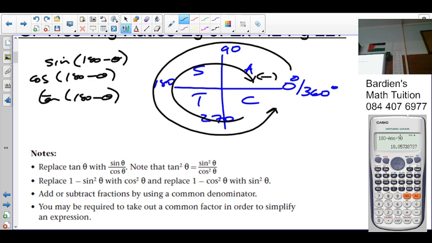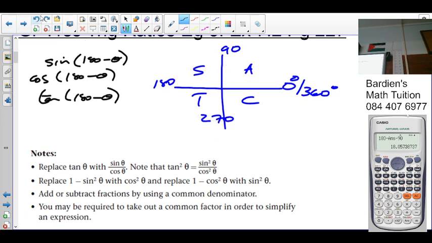So 180 minus theta is in your second quadrant. In the second quadrant sine is positive, so it's sine theta. Cos is negative, which is negative cos theta. And tan is also negative, negative tan theta. You all agree with that?